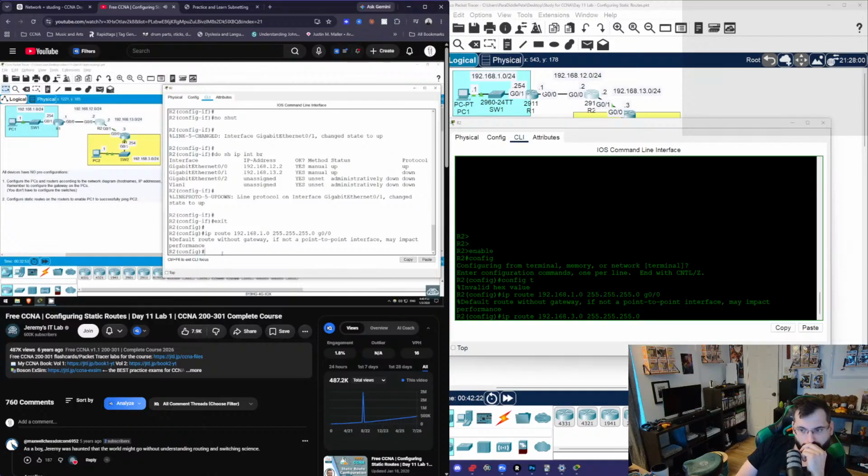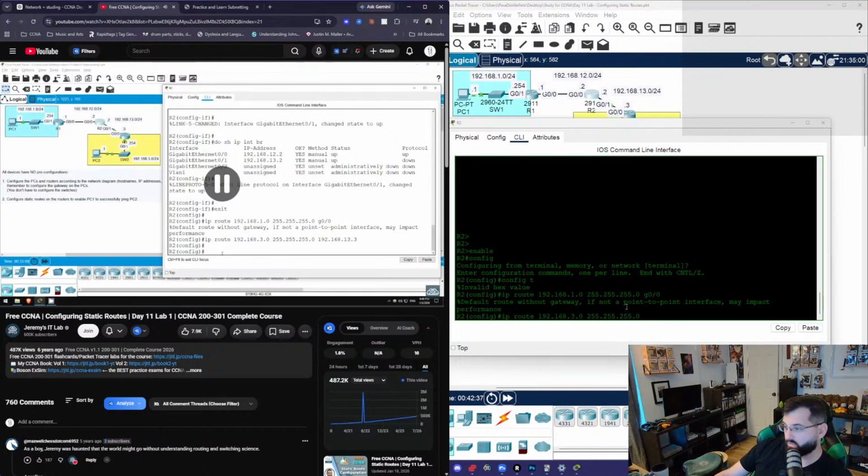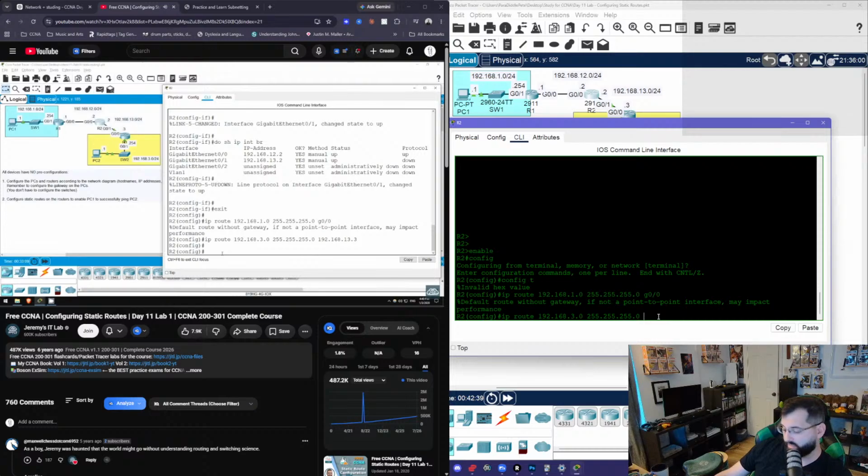Okay, next let's configure the route to 192.168.3.0/24. IP route 192.168.3.0, 255.255.255.0, and this time let's do the next hop IP address, 192.168.13.3. Okay. I think that's correct.